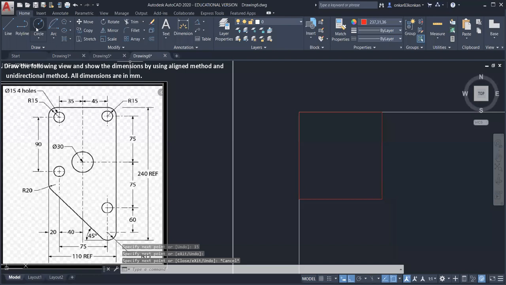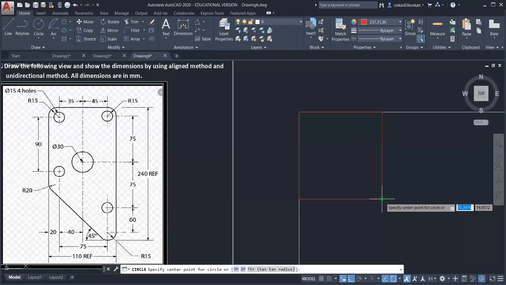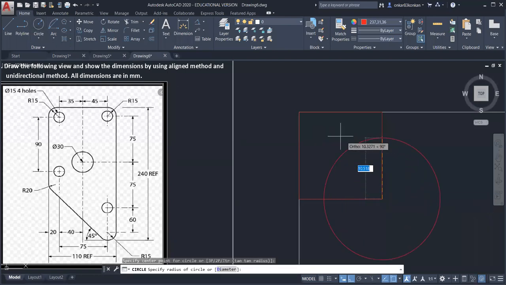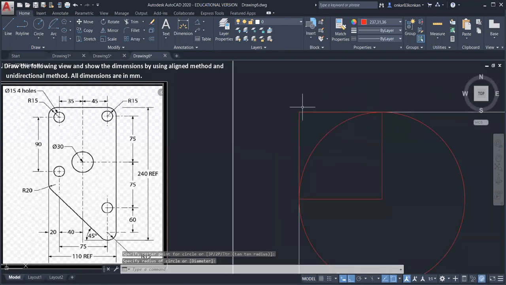Okay. And then by taking that center, just draw the circle. Okay. So this circle will be tangent to this horizontal line and to this vertical line.